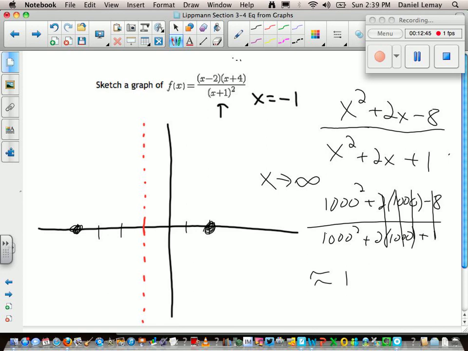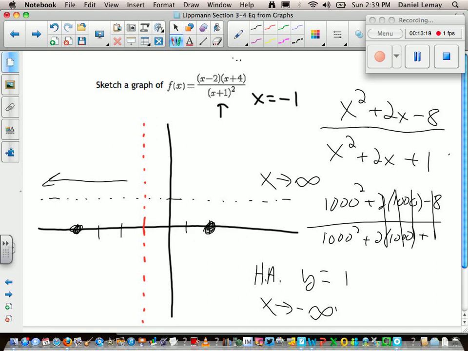Okay, so that tells me when I go out to very large values of x, out to infinity, there's going to be a horizontal asymptote. So the horizontal asymptote is going to be y equals 1. And if I ask myself what happens when x goes out to negative infinity, going out this way, well, this term is going to be squared.